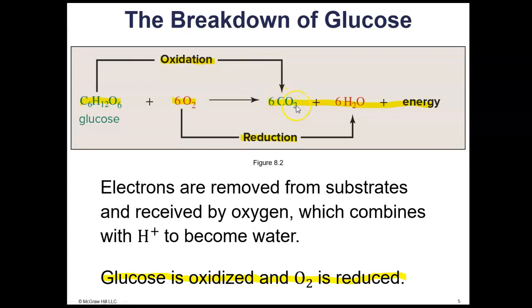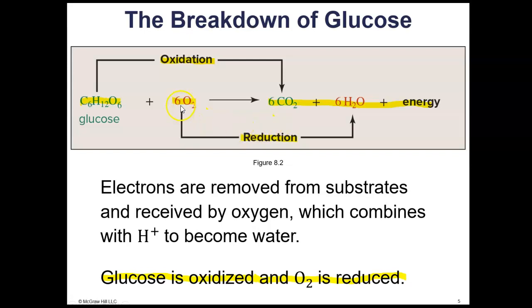Glucose has now become carbon dioxide. So there's no hydrogens in this molecule, carbon dioxide. That is where the electrons are. They're located in the hydrogen atoms. And so since glucose has lost 12 hydrogen atoms, it has lost electrons, and so it has been oxidized, okay?